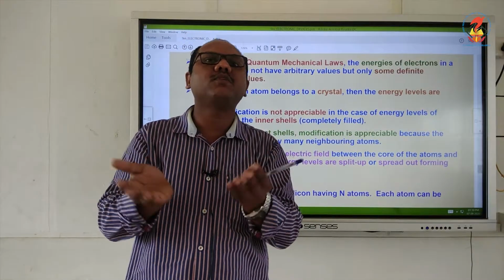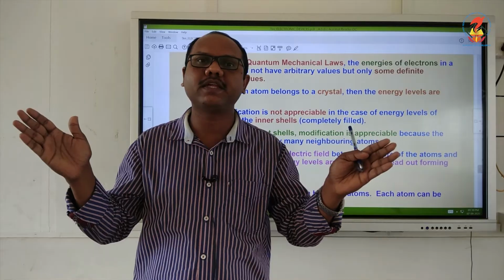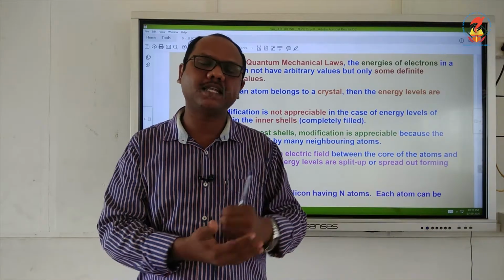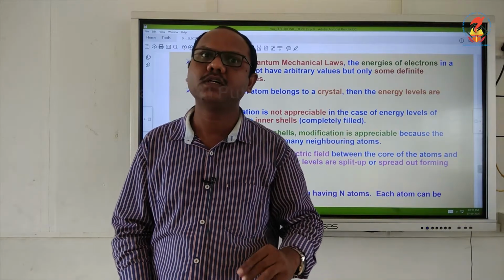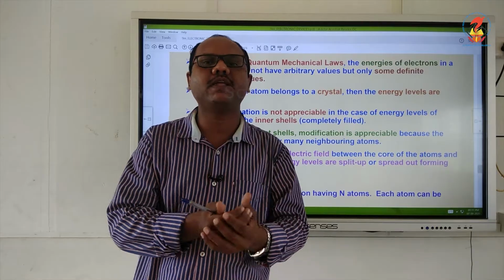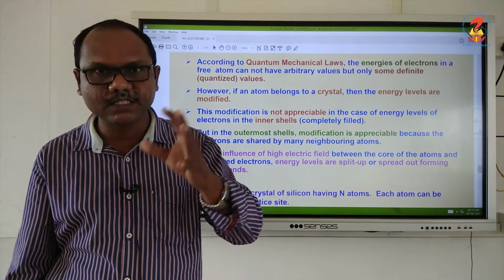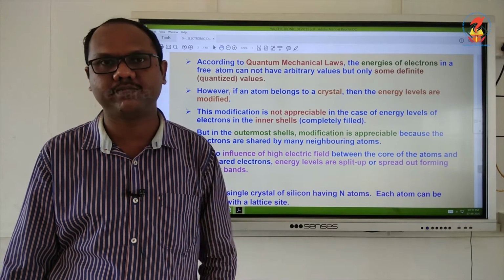So, all the outermost shell electrons will have a certain range of energy, continuous range of energy, which is called valence energy band. If I take the first shell electrons, we can say the range of energy in first shell electron is called first energy band, and for the second shell electrons the range of energy is called second energy band, so on.